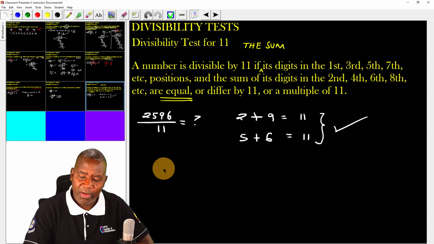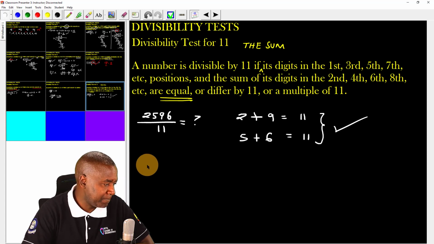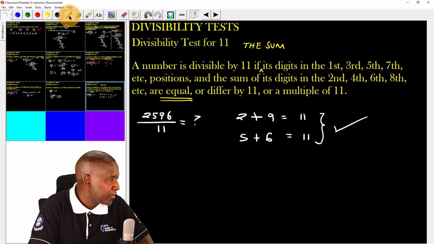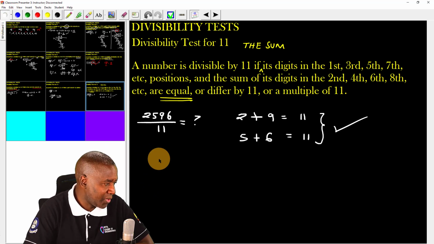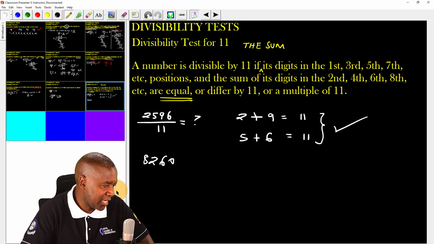The example that I now want to look at is the example that they've given in your course book. The number that we want to test whether it is divisible by 11 is 8,260,439.